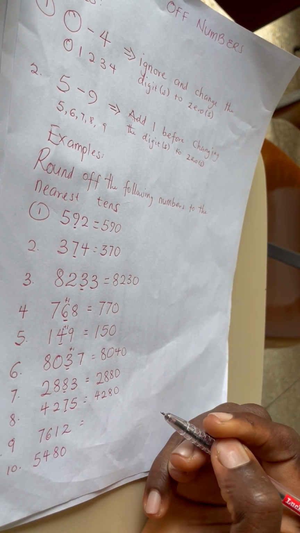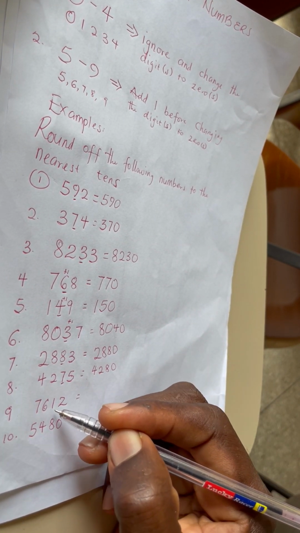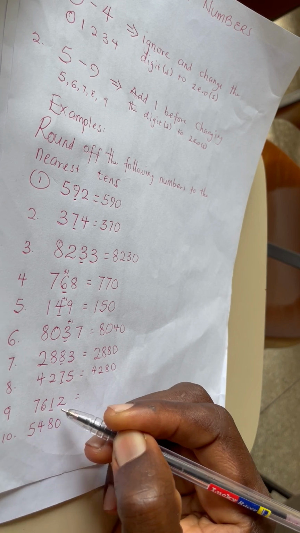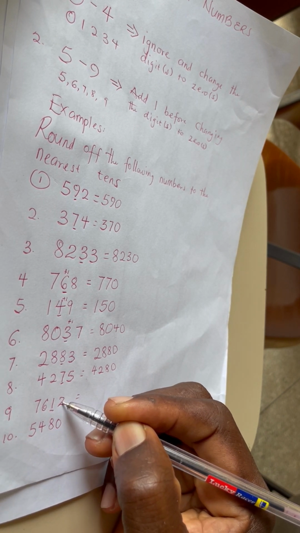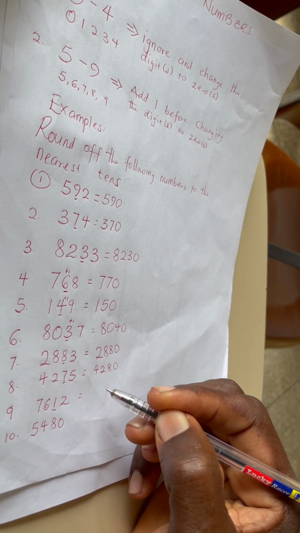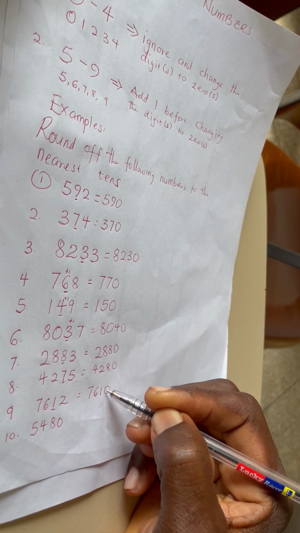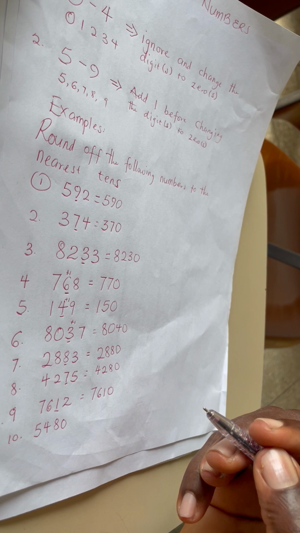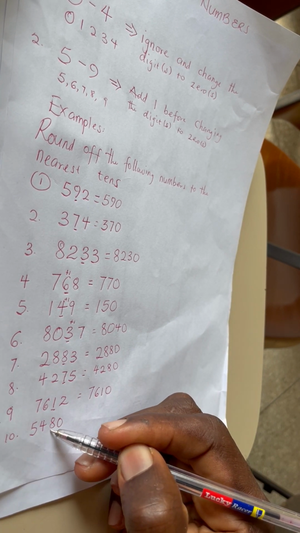Then with the 9th example, we have the digit 1 at the tens position. Then to the right side of 1 we have 2. Then for 2 you're going to change it to 0. So you get the answer to be 7,610. Then finally, the 10th example, the number at the tens position is 8.